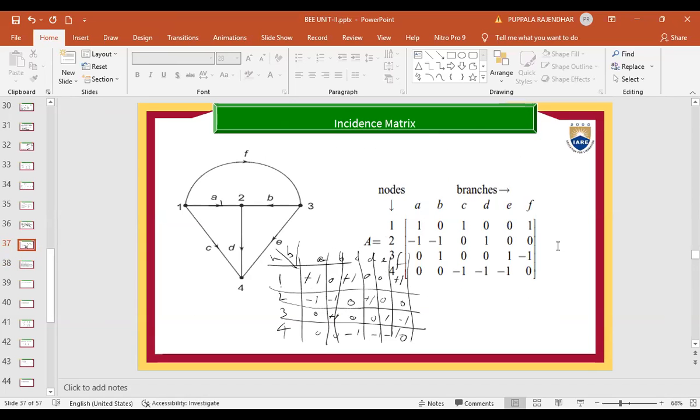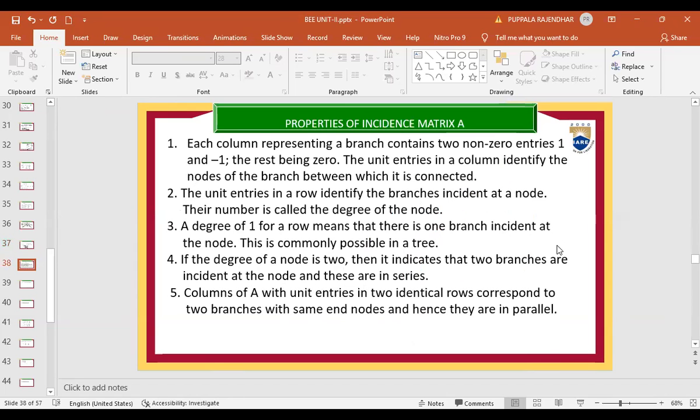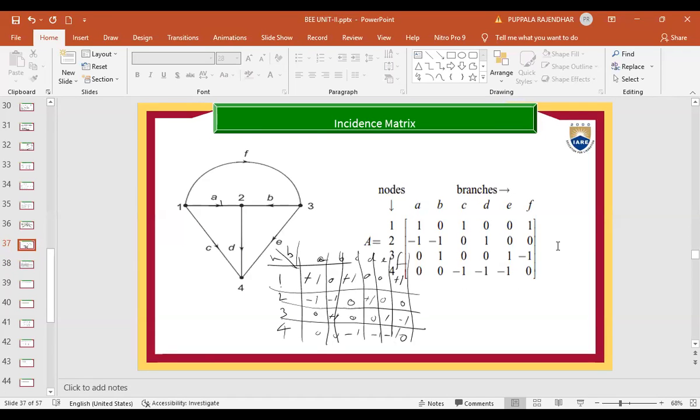See, these are the properties of instance matrix. Each column representing the branch contains two non-zero entries, 1 and -1. Each column, see, -1, -1.